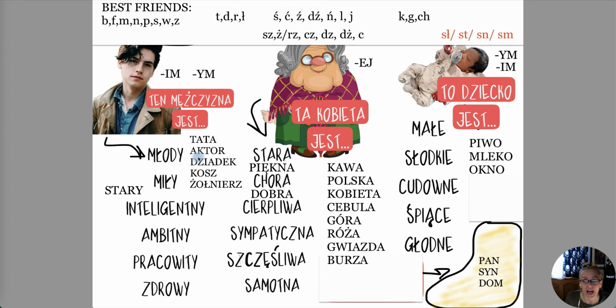So aktor, góra, right? So look, this is the masculine noun, here is the feminine noun, but the ending is shared. So górze, aktorze, but the adjectives are different. So myślę o młodym aktorze.